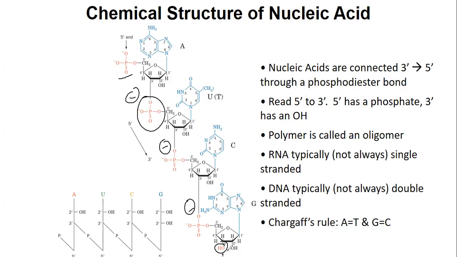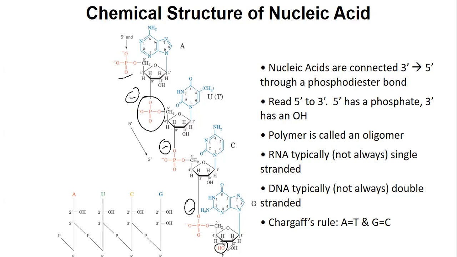It usually ends in an OH. And most of your enzymes that read DNA will read it 5' to 3'. Not all of them. There are examples that go reverse, but a lot of them go 5' to 3'. When we connect amino acids, when we connect anything, the polymer that's made is called an oligomer. So that's how you say that word, oligomer.